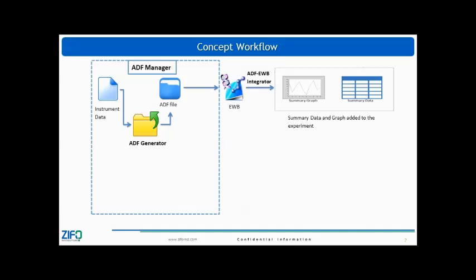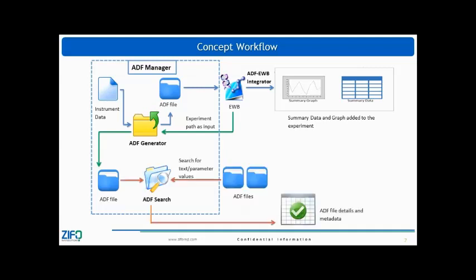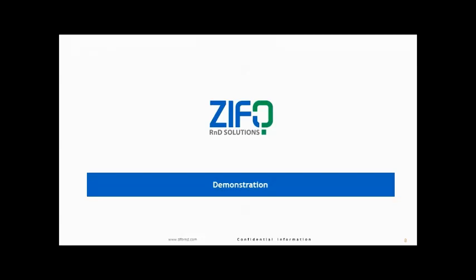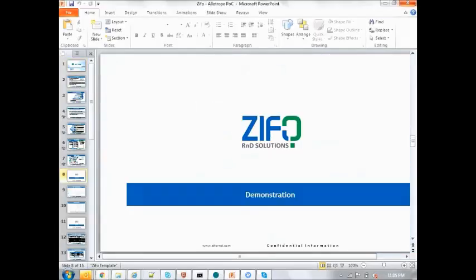From there we'll have the ADF file imported into ELN for the analysis of data, and once that is done, we will get back to the ADF with the results in the ADF, and from there we'll get the ADF search, where you can search n number of files, not one single file. Anyway, you will have an archival of data. This generator and search together is what I would call ADF Manager. I'd like to give a brief live demo on it.